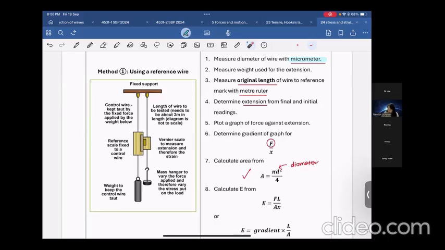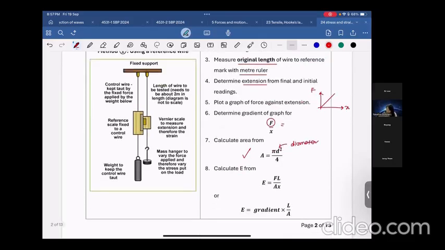At here they might give you a graph of force against extension. If they give you force against extension, the gradient that you get already represents F over X, so you just substitute inside here.